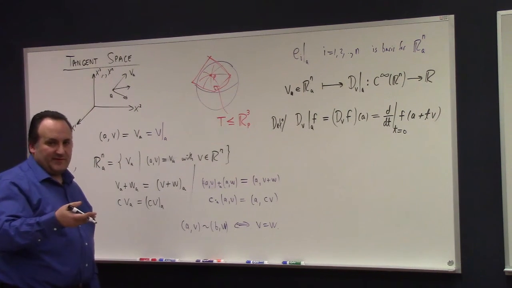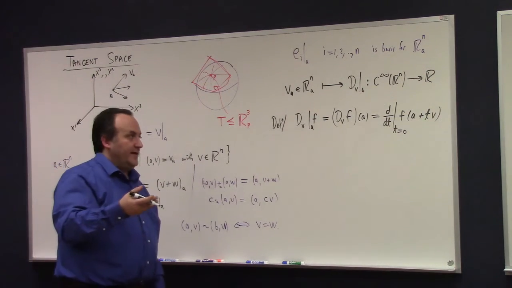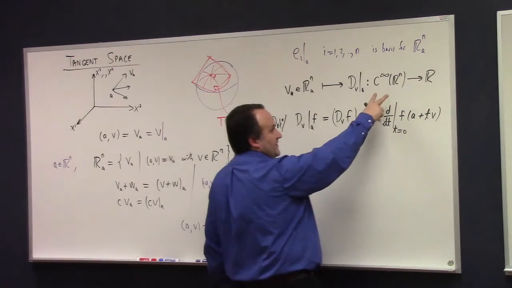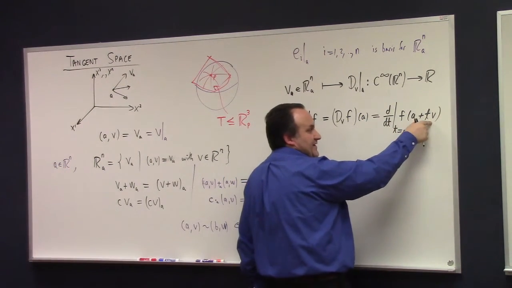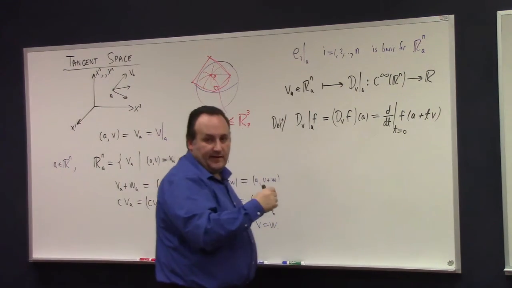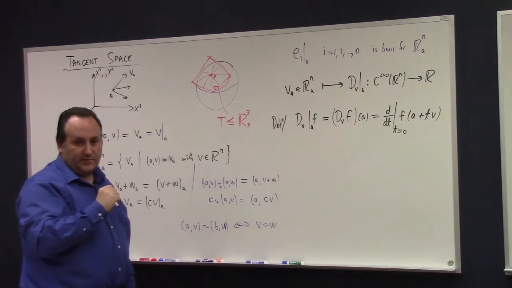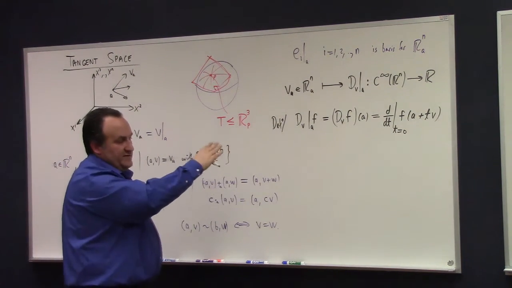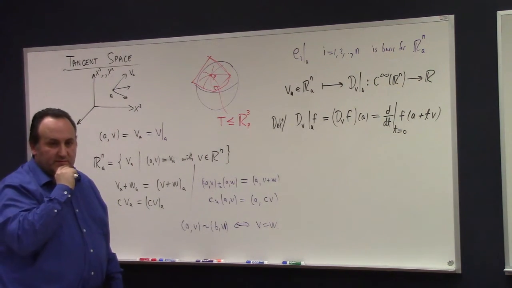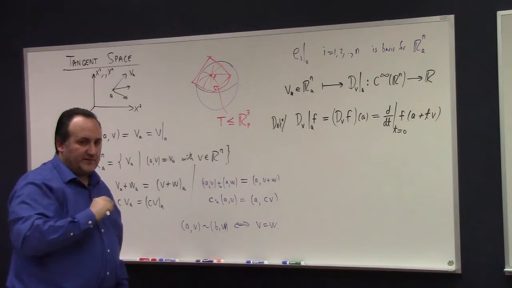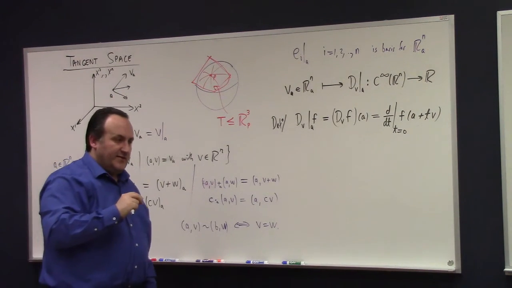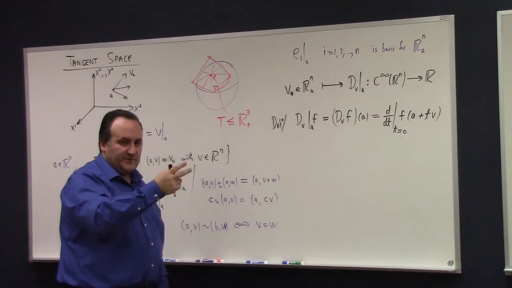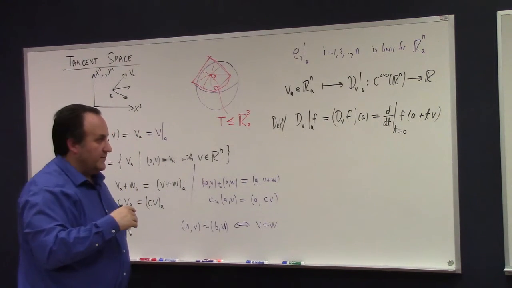The differential operator is simply obtained, in words, by composing the function that you're given with the line which has direction vector v and is based at a, for t equal to 0. All right? It's very natural. And that is exactly what the directional derivative is. It's just that we insist on unit vectors in Calc 3 for the sake of it having an unambiguous interpretation in terms of min-maxing.